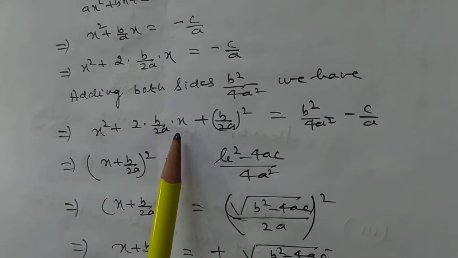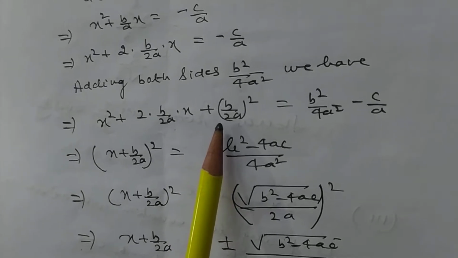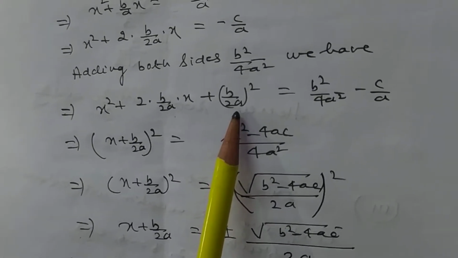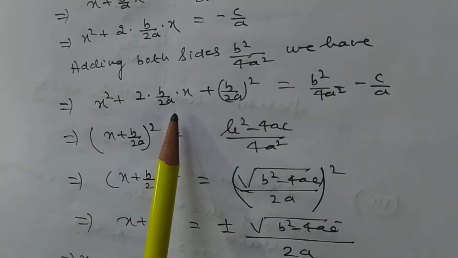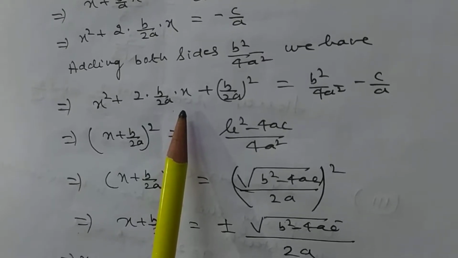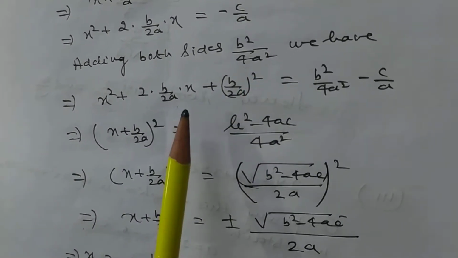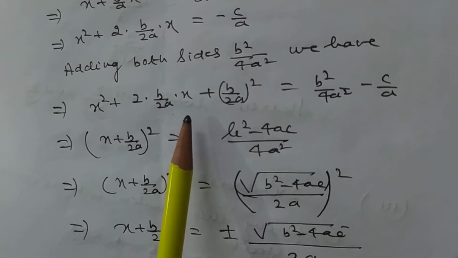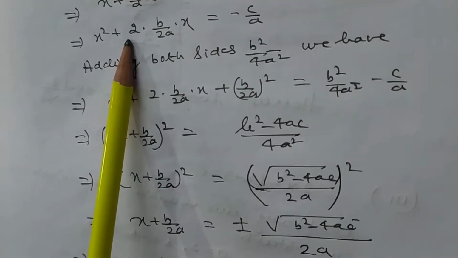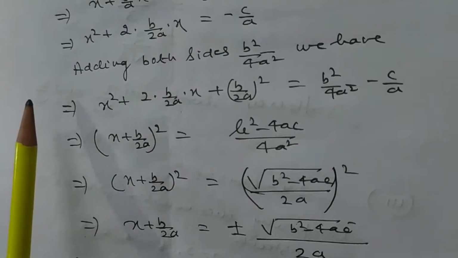Now my dear students, to make it a complete square, we add b by 2a whole square to both sides. Dear students, how do we know that adding b square by 4a square will make it a complete square? See here, the second term of x square plus 2 into b by 2a into x.